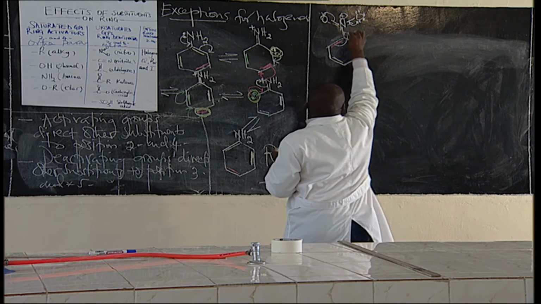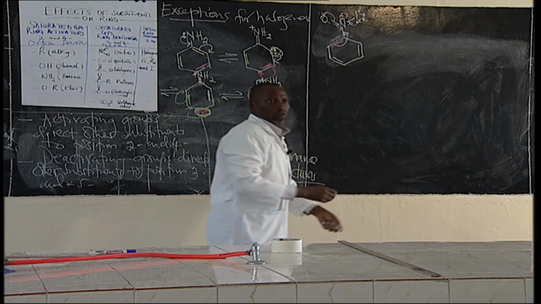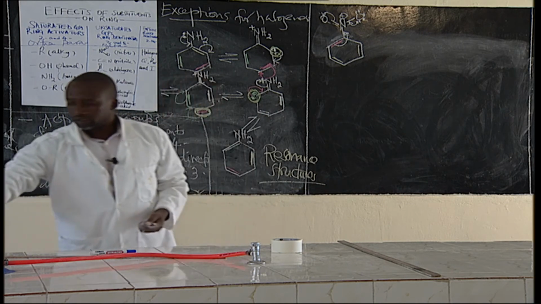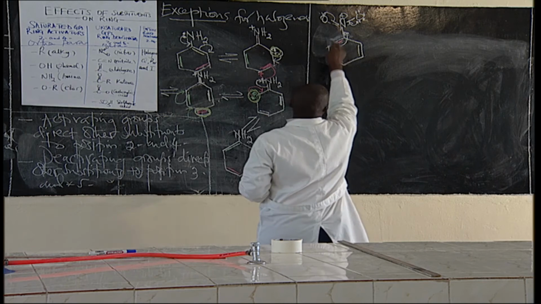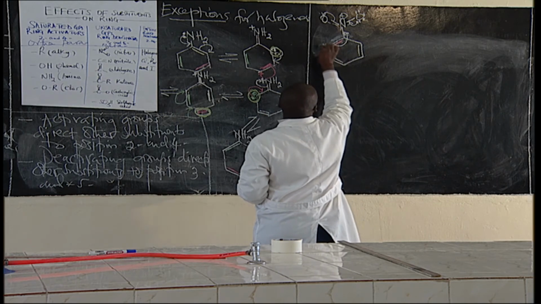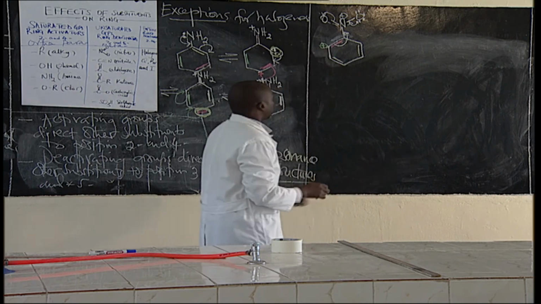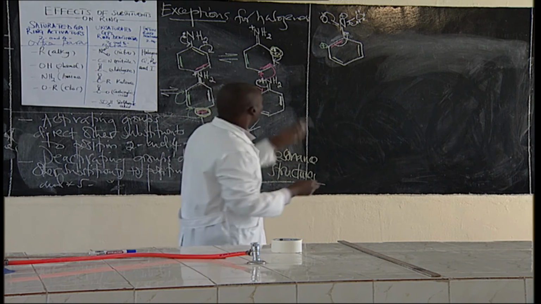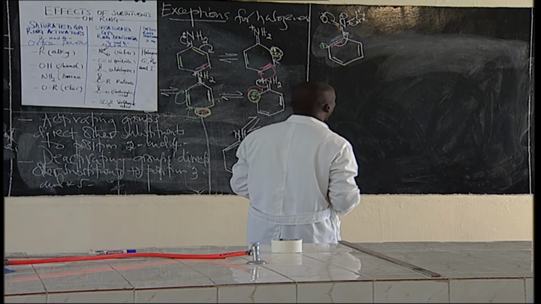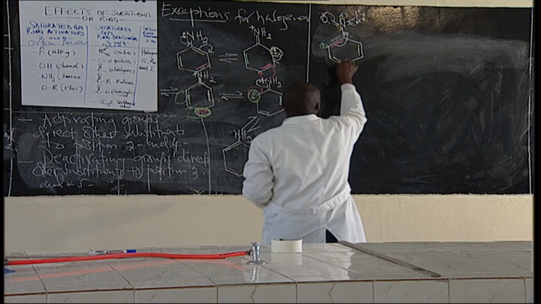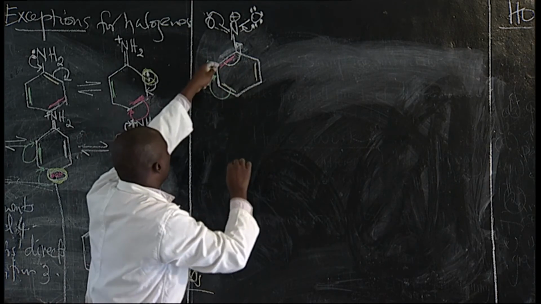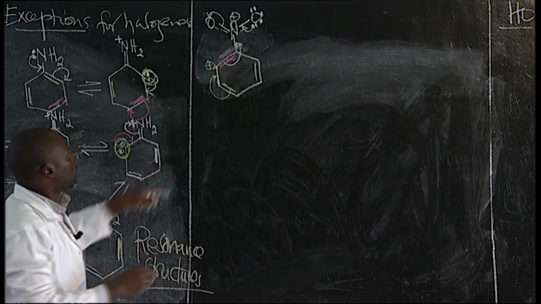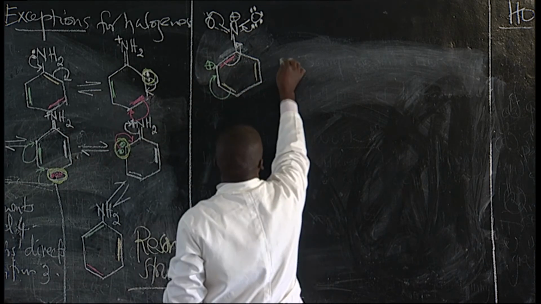Why should they get out of the ring? Because they are looking for this positive charge. So this position will become positive because the electrons have moved away. This bond will have to break away, and then it shifts to this position.